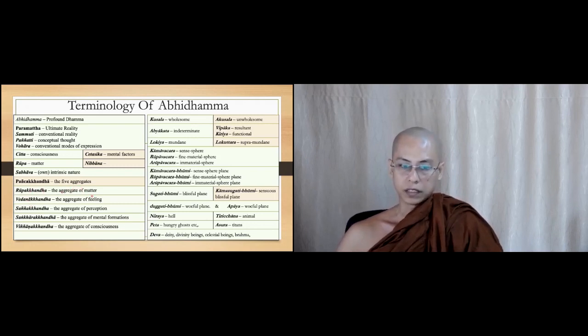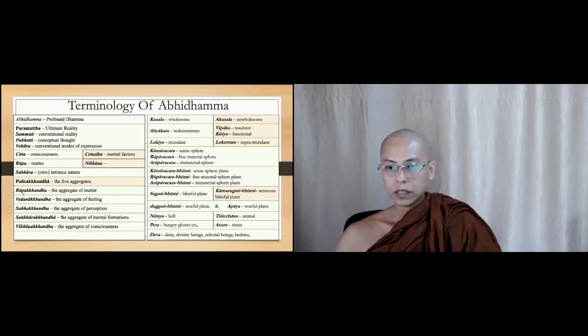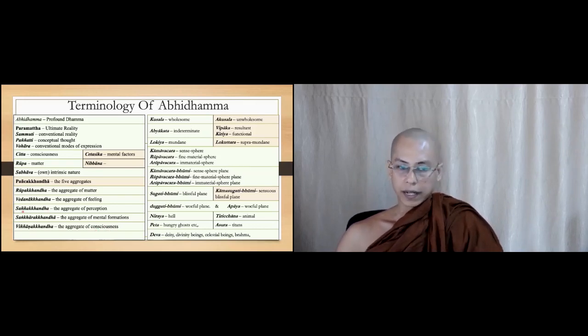All Khanda refers to the aggregate. That's why we just need to learn the first part of the word. Rupa is matter, and Vedana is feeling. Sanya is perception. Sankhara is mental formation, and Vijnana is consciousness. In this way, we can understand the combination of the words.